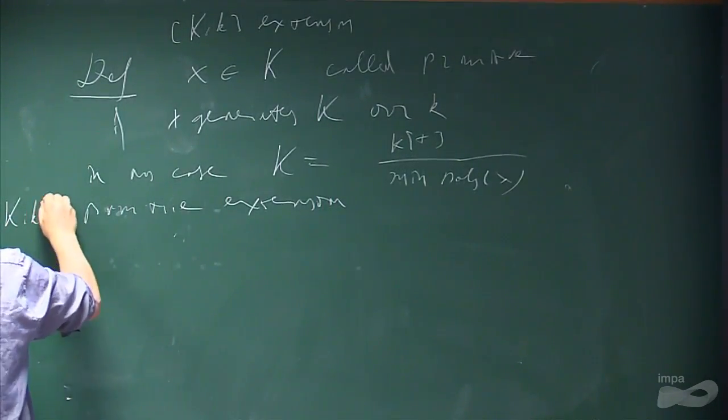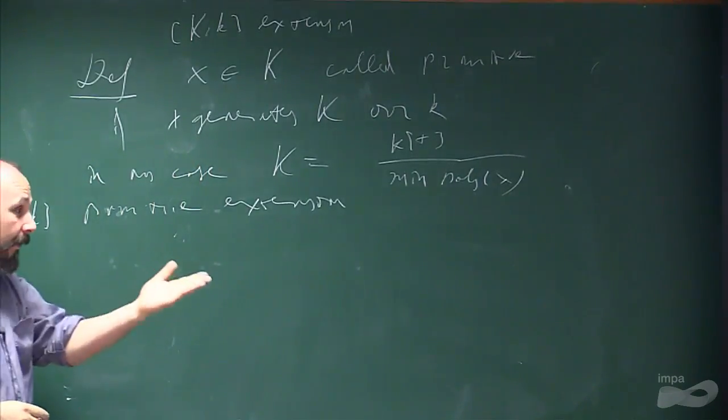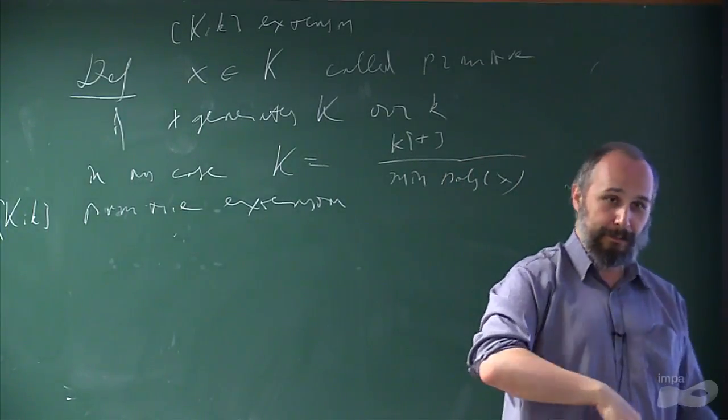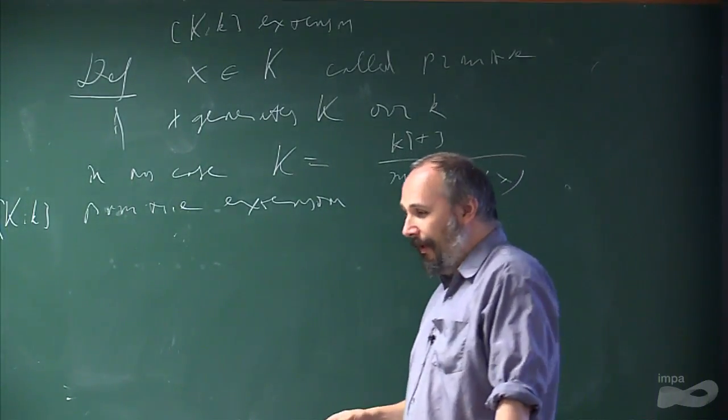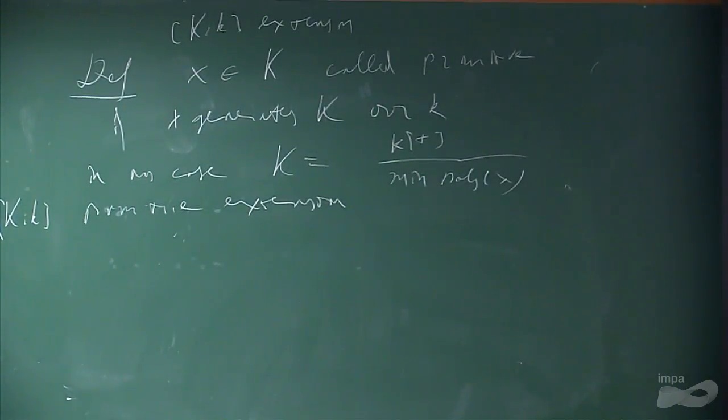K big over K small contains a primitive element. And then there is a claim, which is trivial, that every finite extension can be obtained by adding elements successively. So you add x. If x is primitive, you are done. If it's not, you just add it and you obtain a bigger field. You add one more.